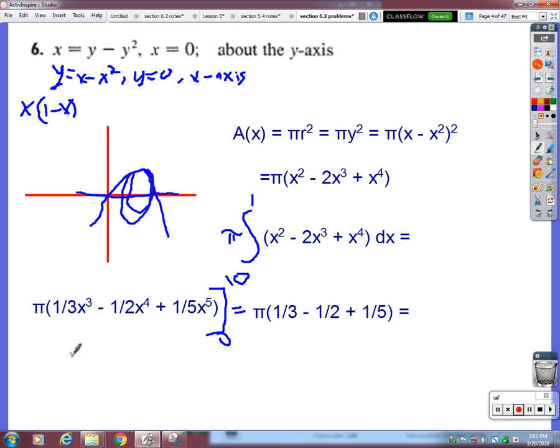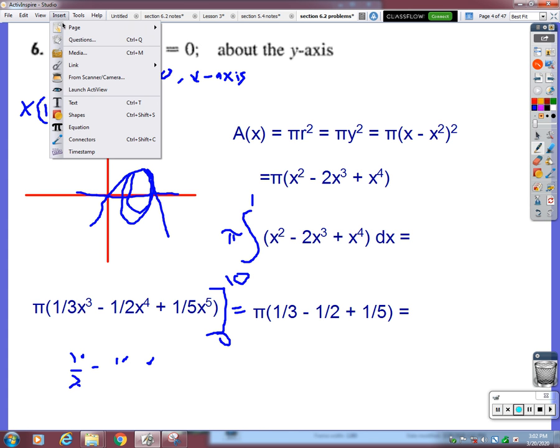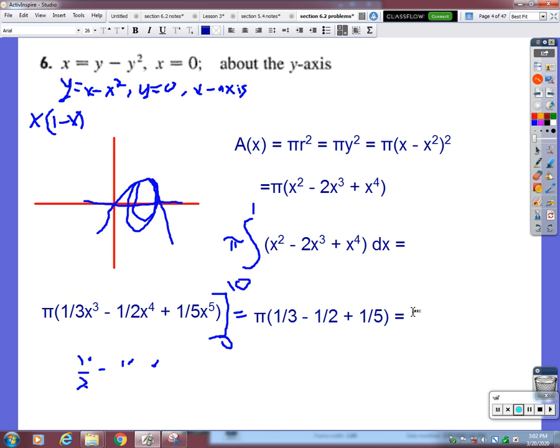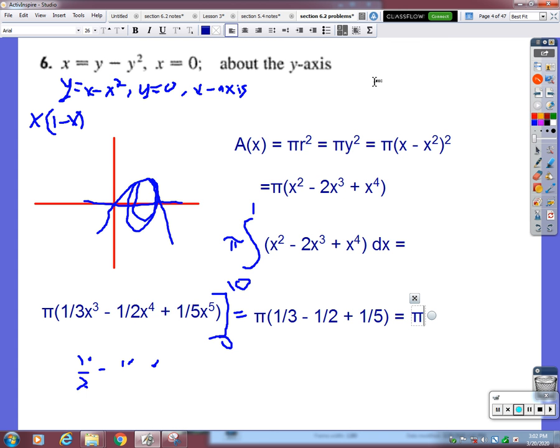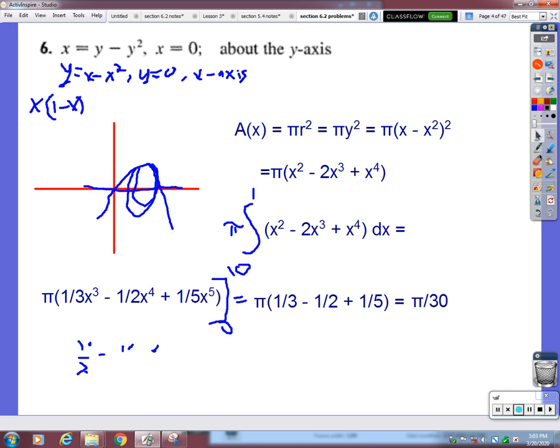Okay, so that's 10 over 30, 15 over 30, 6 over 30. Oh, so that's going to be 1/30th. So that's going to work out to be pi divided by 30. Yay!